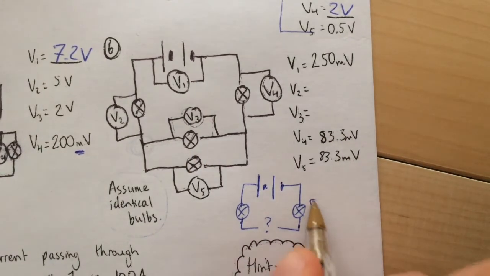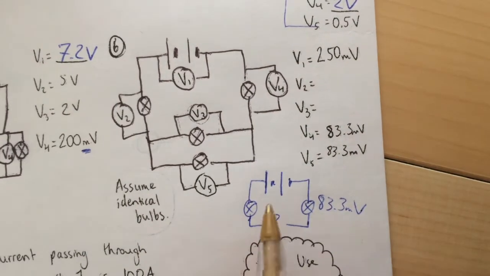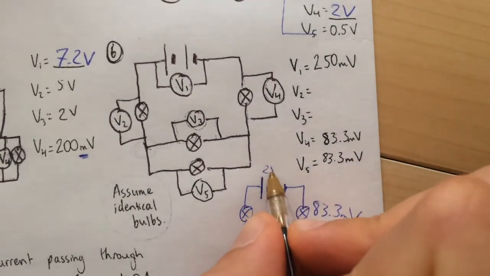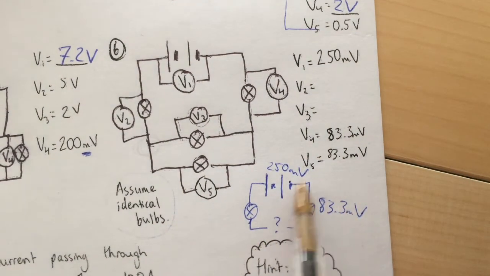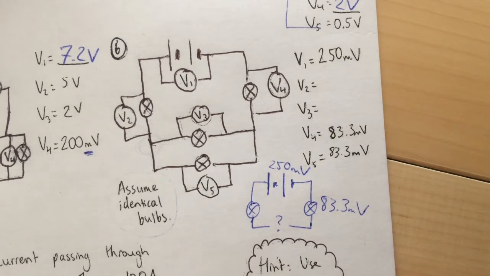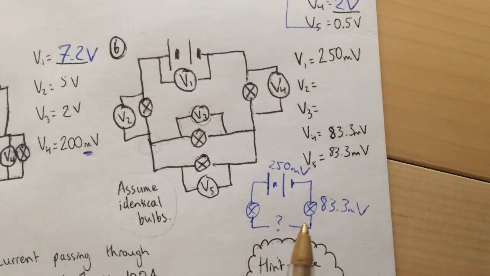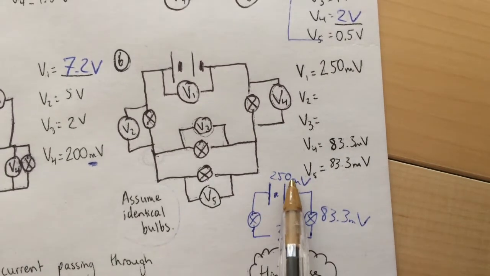Across here we have 83.3 millivolts. Yep, we are provided with 250 millivolts. This one in blue that I've drawn is a series circuit. So we know that this plus this plus this must equal 250 millivolts.